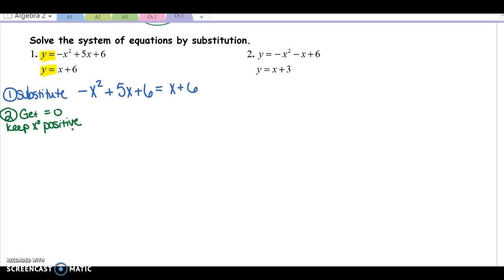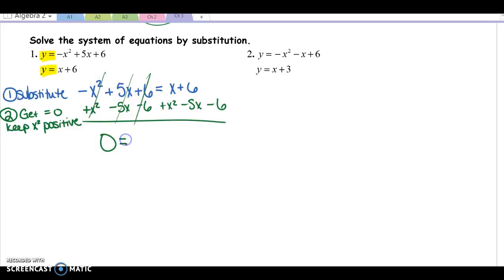That means instead of subtracting x and subtracting 6 and getting 0 on the right side, instead, I am going to add x squared to both sides, subtract 5x from both sides, and subtract 6 from both sides. Because that will take everything away from the left side and give me 0 equals positive x squared minus 4x, and 6 and negative 6 would be 0.